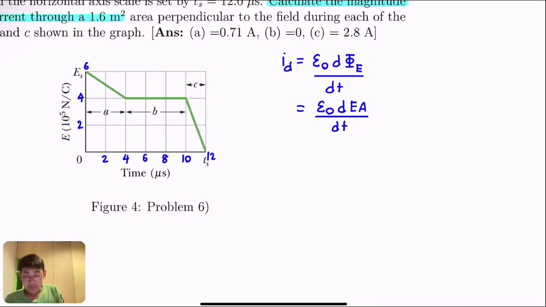But A is constant at 1.6 meter square, so we can rewrite it as epsilon naught times A times dE by dt. But let's look at the graph. What is dE by dt?